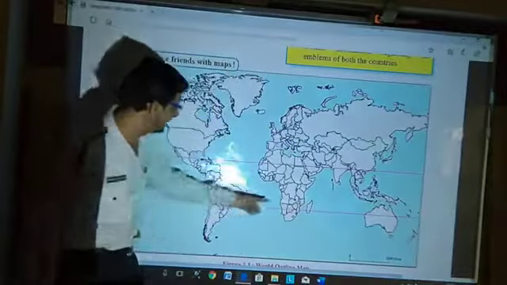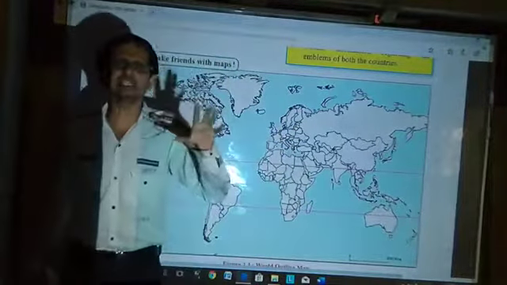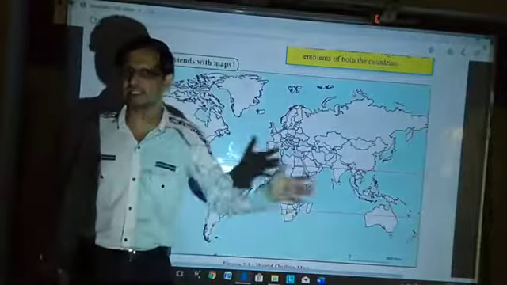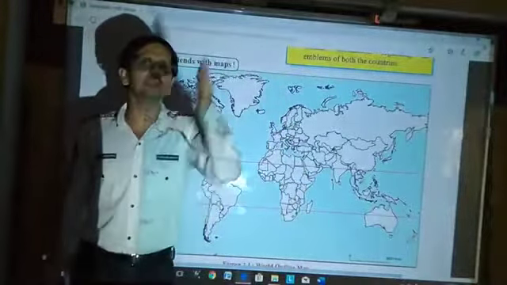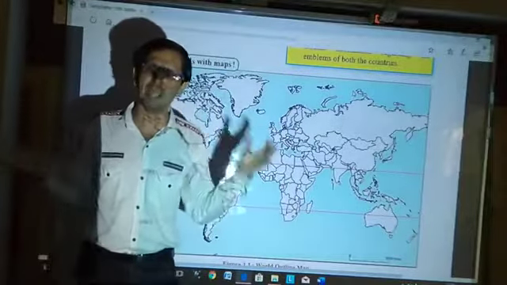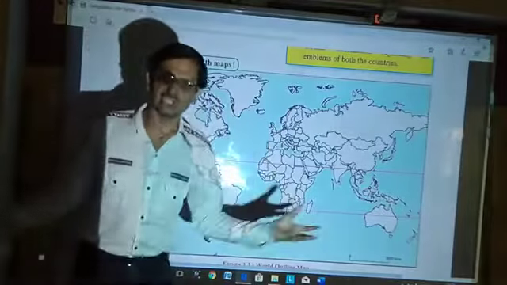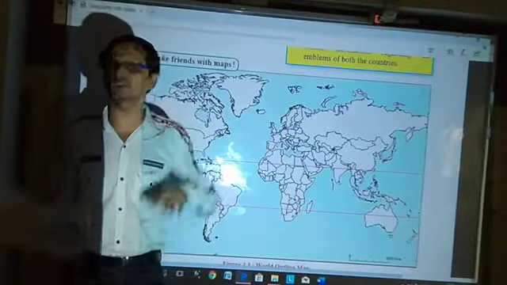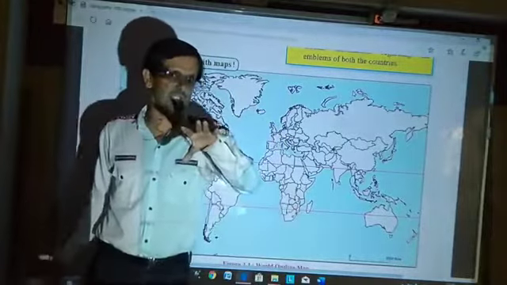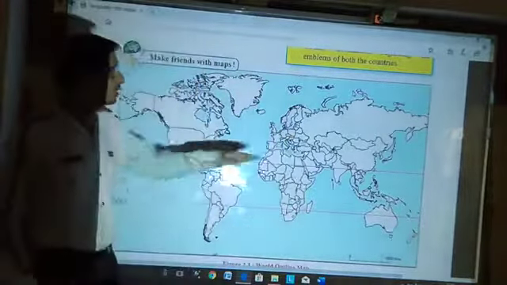All these lines are imaginary. Whether Tropic of Capricorn, Tropic of Cancer, equator, or even latitude and longitude, these lines are nothing but imaginary. It is nothing but fiction. But for the sake of convenience, understanding, and calculation, especially in navigation, they have to make certain calculations, so they draw these lines.